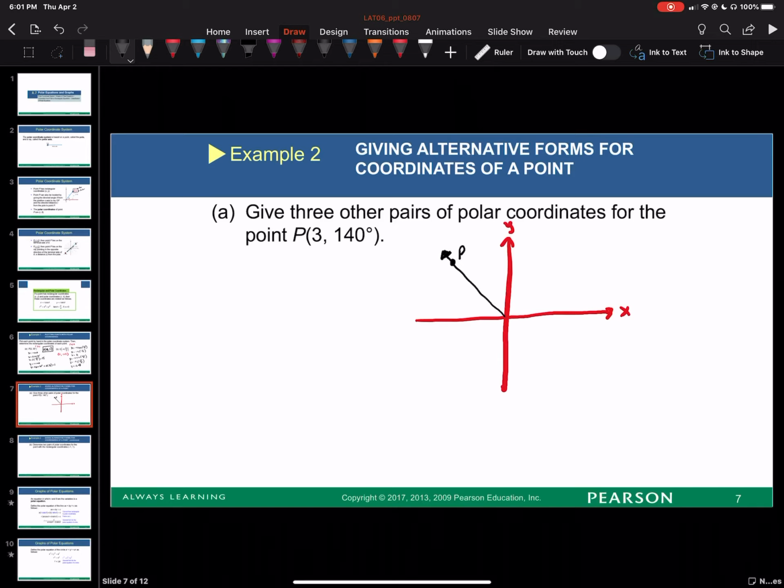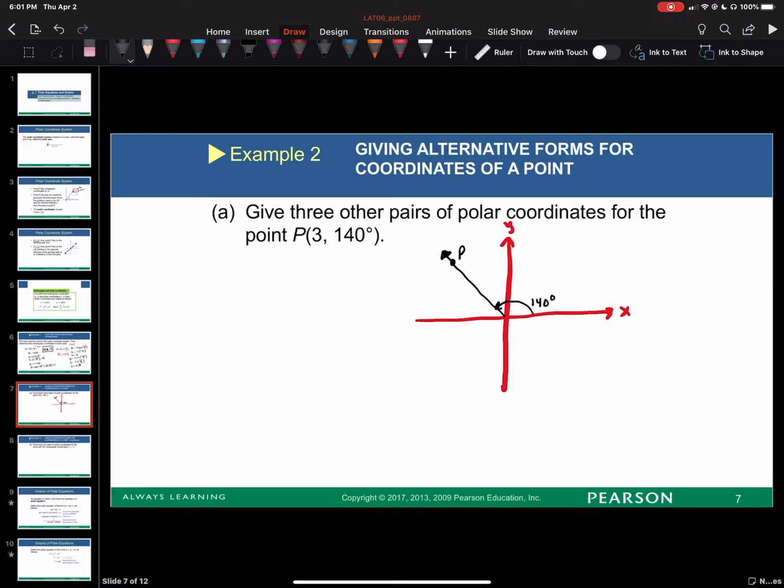So we know our first one is 140 degrees. So this is 140 degrees. Now, we have to pay attention to what we have. All right. So let's look at what else we got. So we also have another one that is 3.